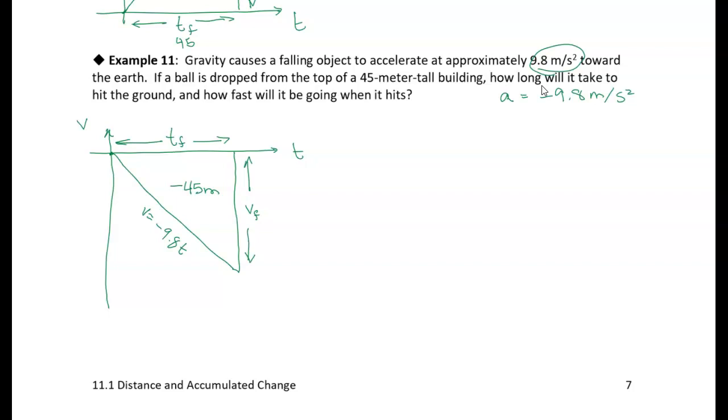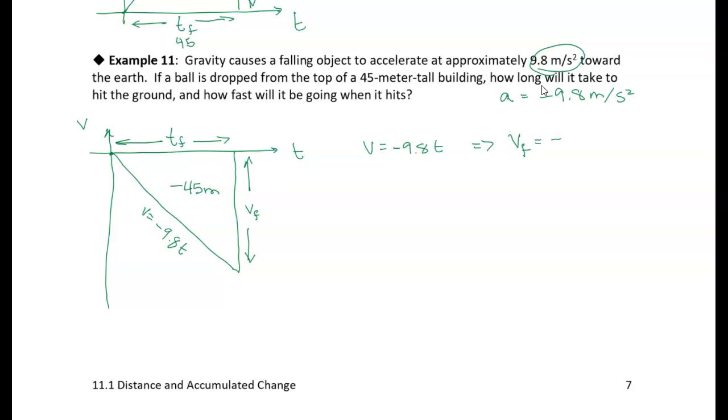Okay, well, all right. We have the area, but we want to find how long it will take and how fast it will be going. So we have two unknowns here. But we also know the acceleration of gravity, so we know the equation of this line. So v is equal to negative 9.8 t, so our v final, right, if we plug in t final, we get v final.